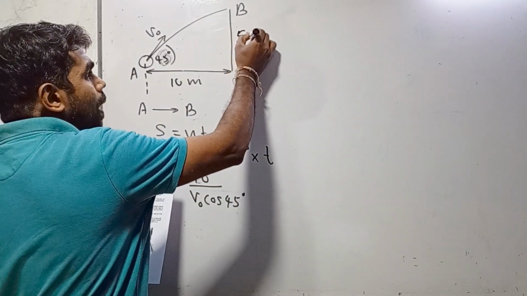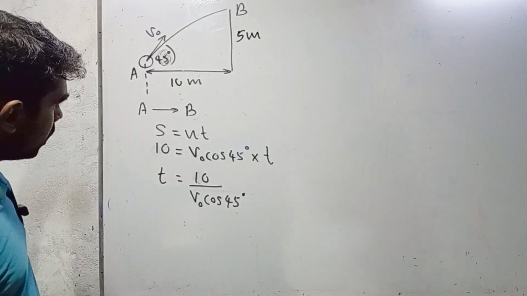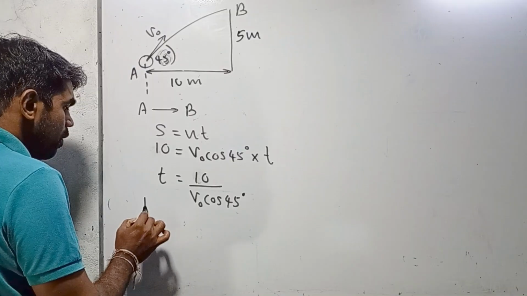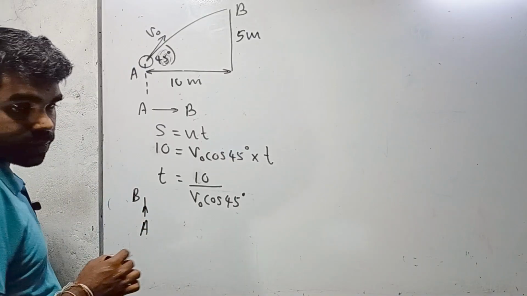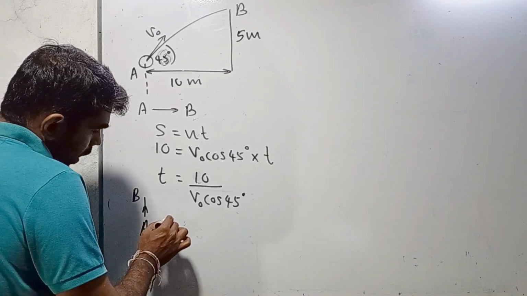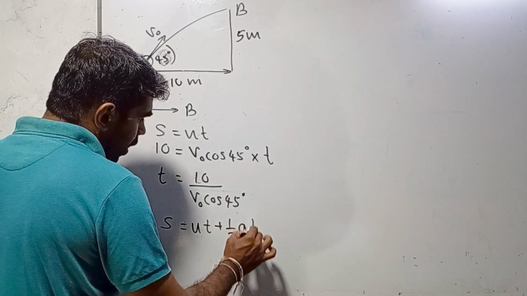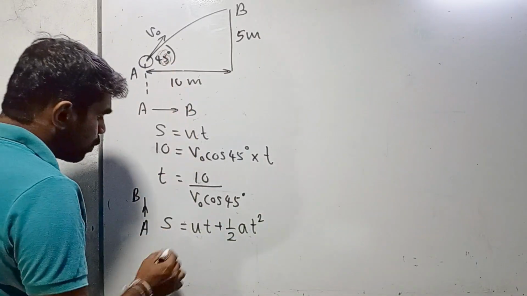Therefore, the vertical displacement is 5 meters. Then we can apply vertically from A to B, S equals ut plus half at squared. Now the vertical height is 5 meters.